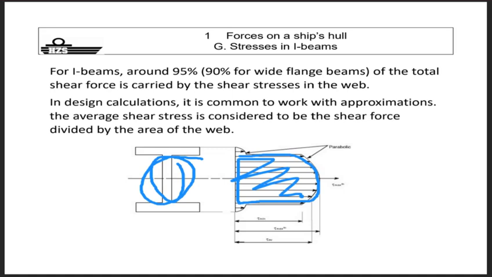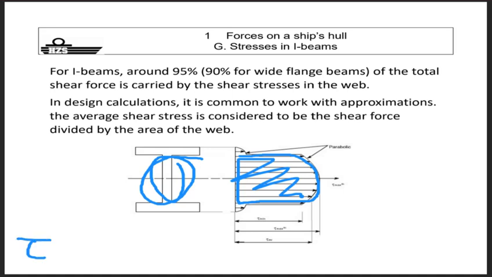So what can you do? I think you already have enough to calculate your compressive stresses and tensile stresses. Then to calculate your shear stresses coming from shear forces, you can use an approximation.